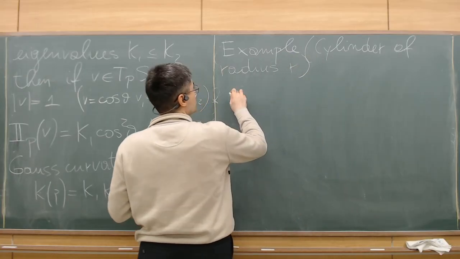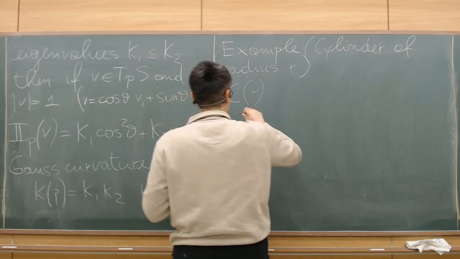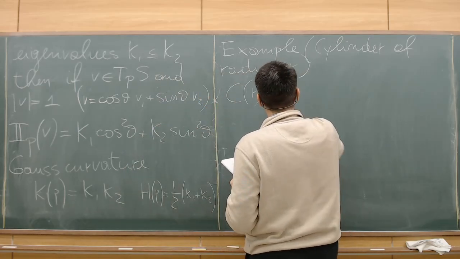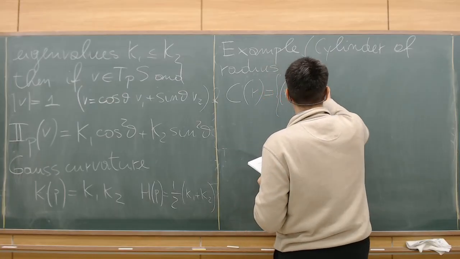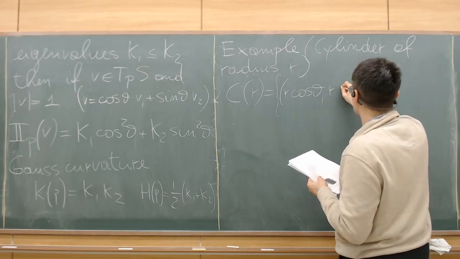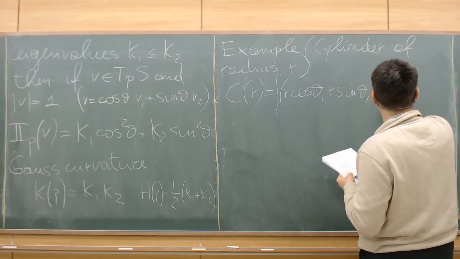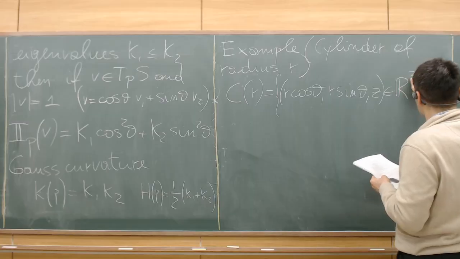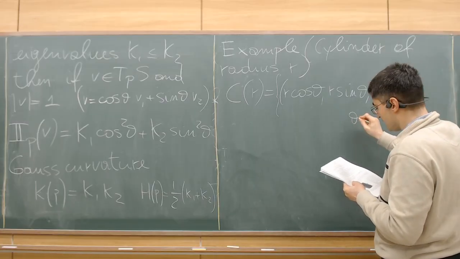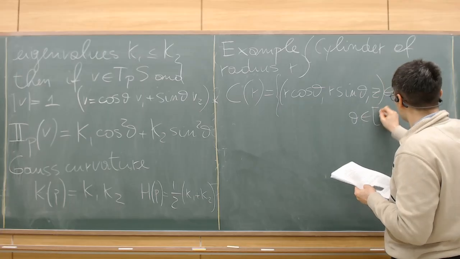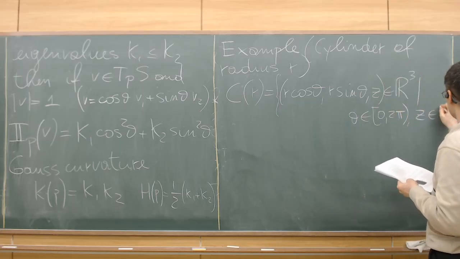So we denote the cylinder of radius r by CR. This can be defined as follows. The set of points of coordinates r cosinus of theta, r sinus of theta, z in R3 such that theta varies in 0 to pi and z is a real number.